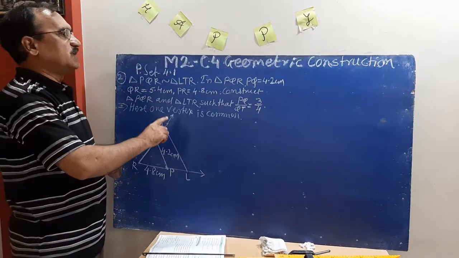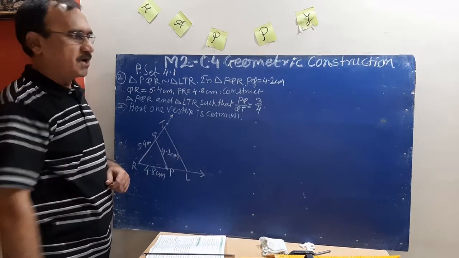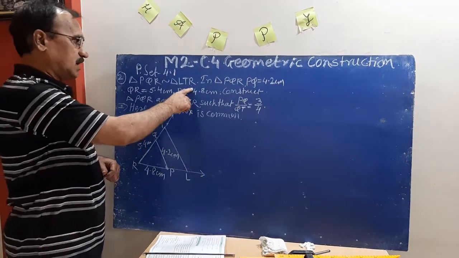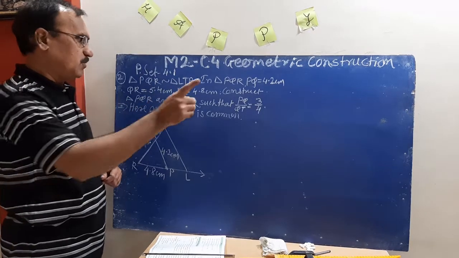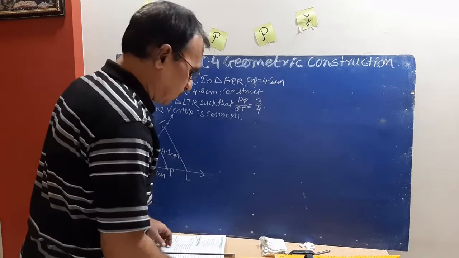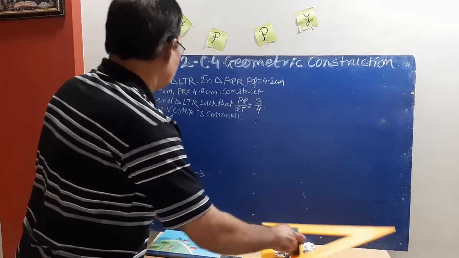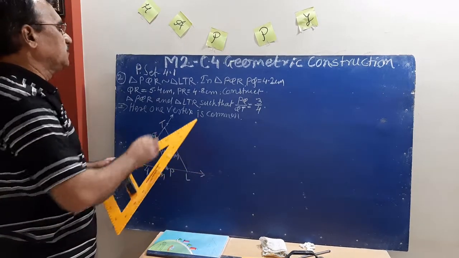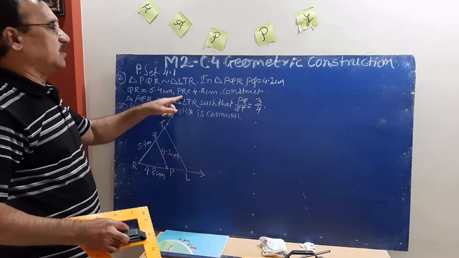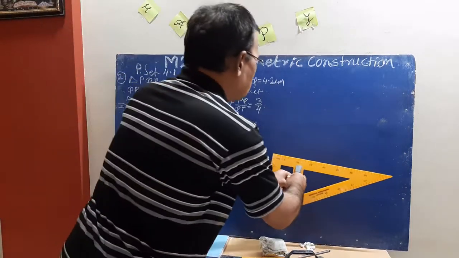Now first we have to construct triangle PQR whose measurements are already given. Point R is the common vertex here, and for our convenience take side PR, 4.8 first.